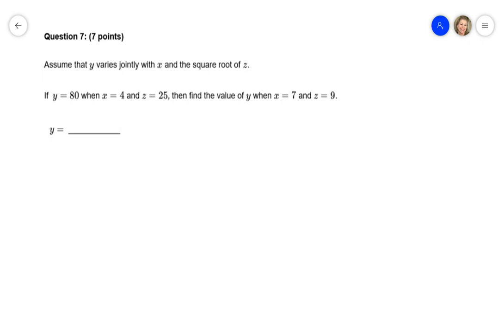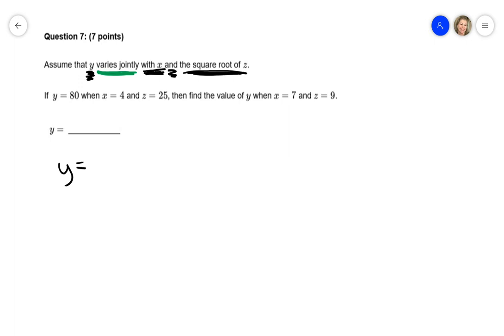All right, when it says that y varies jointly with x and with anything else, whenever they say varies jointly, that means, okay, let me use colors here. Y varies jointly with x and the square root of z.